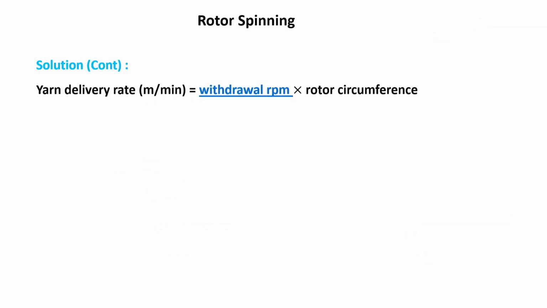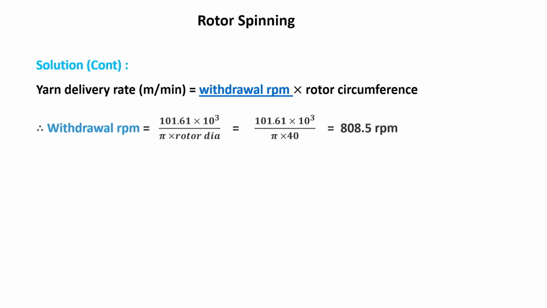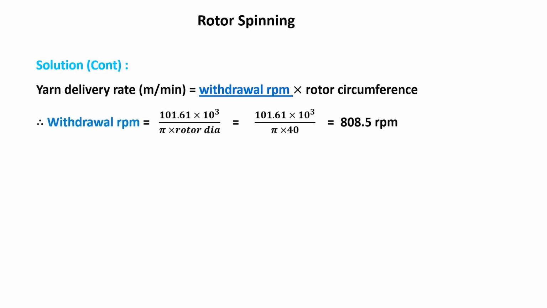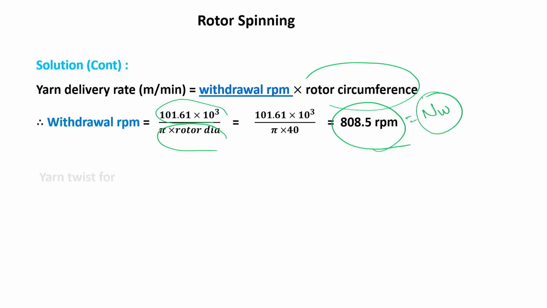So, withdrawal RPM equals yarn delivery rate divided by rotor circumference. And rotor diameter is given, so rotor circumference is known. So, withdrawal RPM is 808.5 RPM. This withdrawal RPM is expressed as NW.